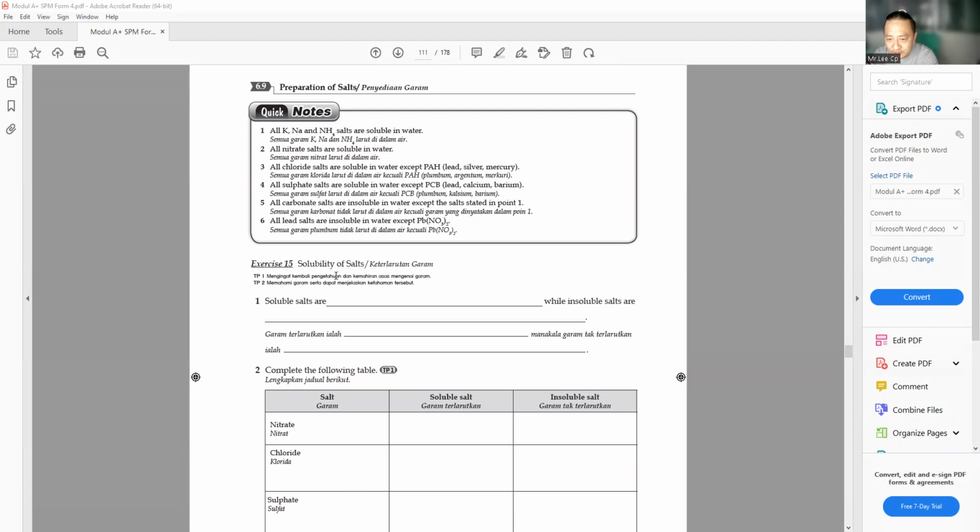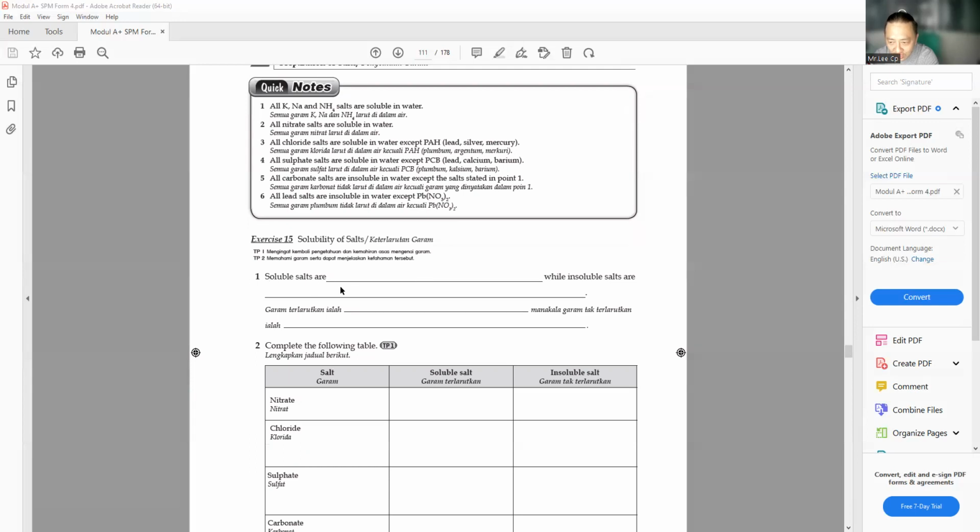Next one, number 15. Solubility of the salt. All right. So soluble salts are the salts that are soluble in water at room temperature.